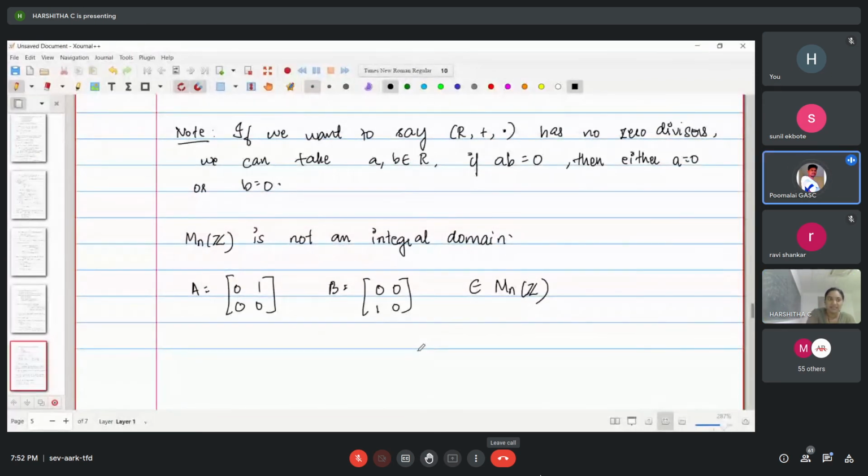The second row is 0 1. What is AB? You look at the last entry, it will be this row into this column, which won't be zero.